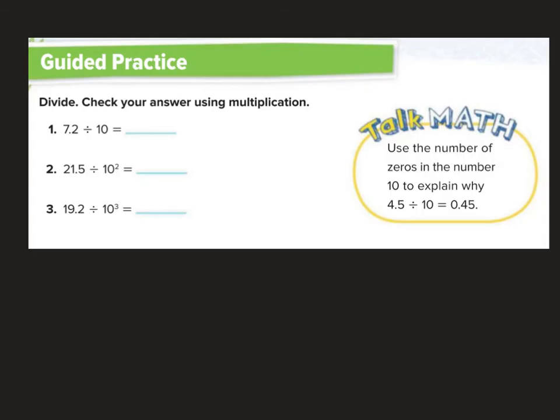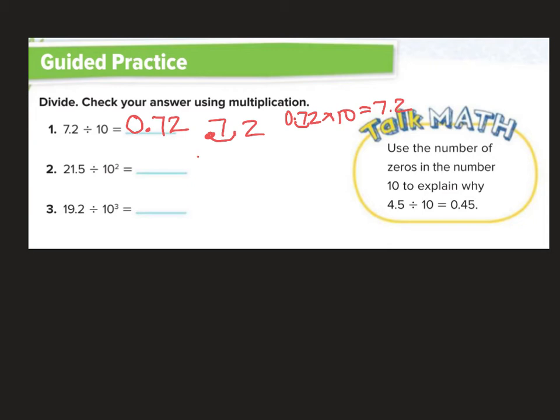Okay, let's practice. 7 and 2/10 divided by 10. I'm going to scooch it 1 to the left. So I would get 0 and 72 hundredths. Check using multiplication. 0 and 72 hundredths times 10. Move it back. Boop. 7 and 2/10.